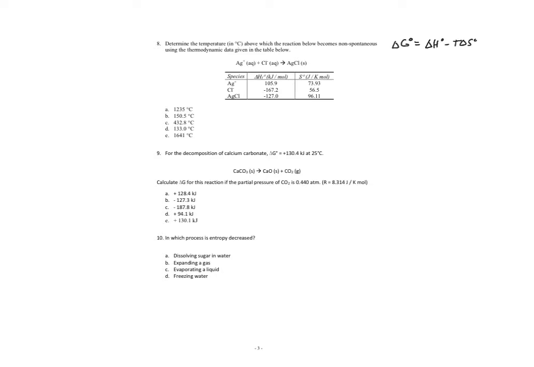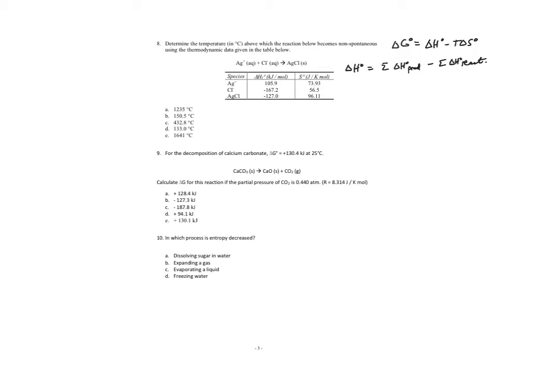And what we're going to be doing first is just solving what delta H is and what delta S is for this equation. So we mentioned before that if you have a delta sign, what this really means is that we're going to be adding up all of these delta H values for the products, and we're going to be subtracting from this all of the delta H values for the reactants.